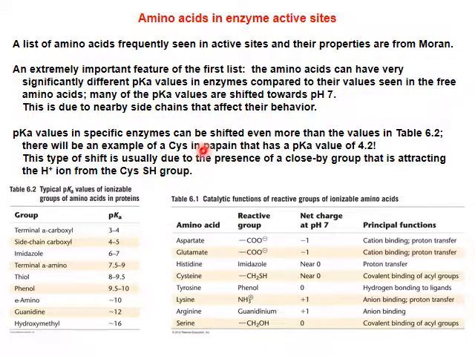An extreme case, and we'll come back to this with papain, is a cysteine protease, and it has a pKa value of 4.2, whereas cysteine side chains have pKa's around 8. It's 4 orders of magnitude lower. That's because of the environment in which that sulfhydryl is in.